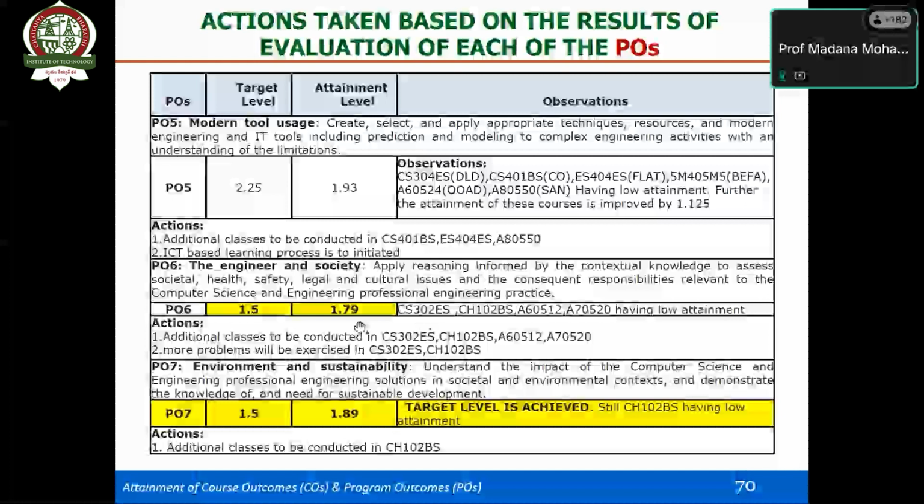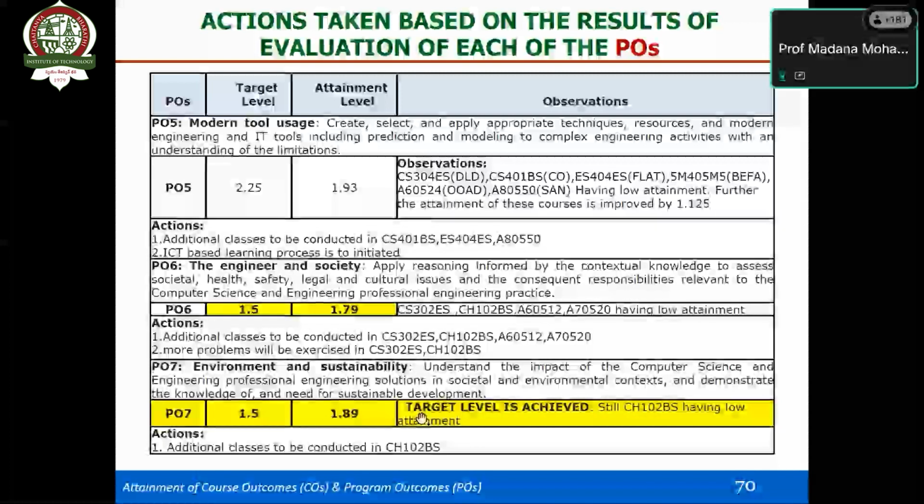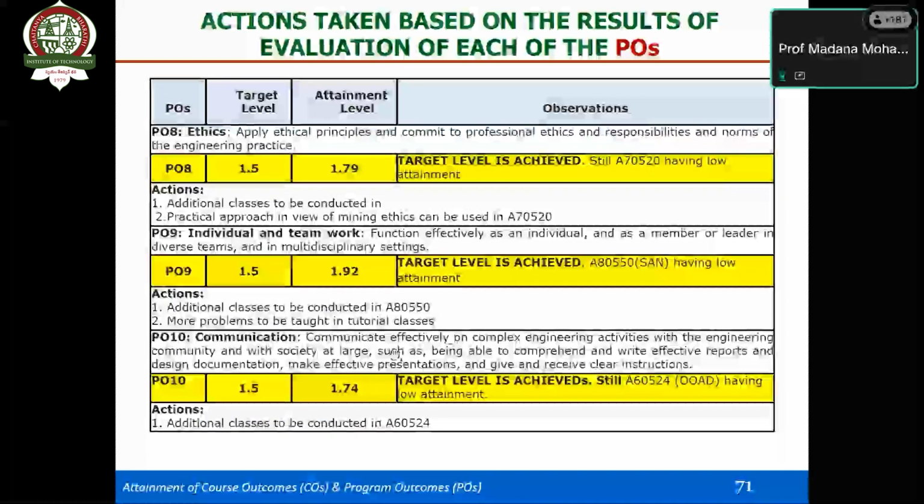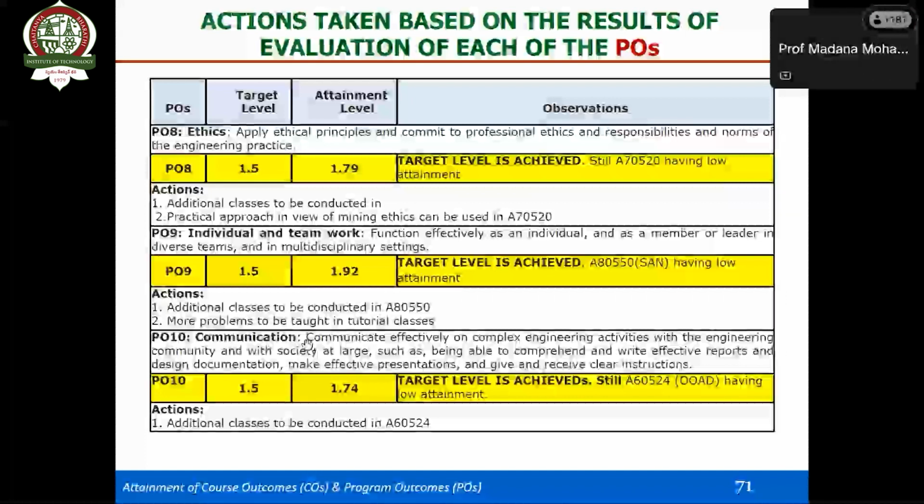For those courses also propose some action plan. Here also you can see the target level is achieved, still so and so course has low attainment, so you have to propose some action. Like that, for all POs. The same process you can repeat for program specific outcomes also. For UG programs, you have specific outcomes. For PG programs, generally you don't have specific outcomes.